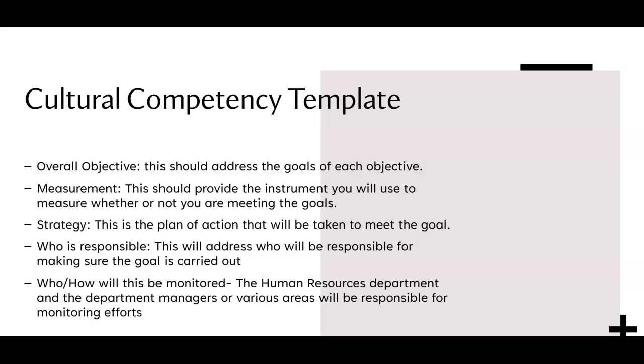The department managers or directors will also play a role in making sure that their staff is adhering to the policies, that they're trained, and that they're able to ask questions immediately. So those would be the people who you would consider to need to monitor the cultural competency plan in your facility.